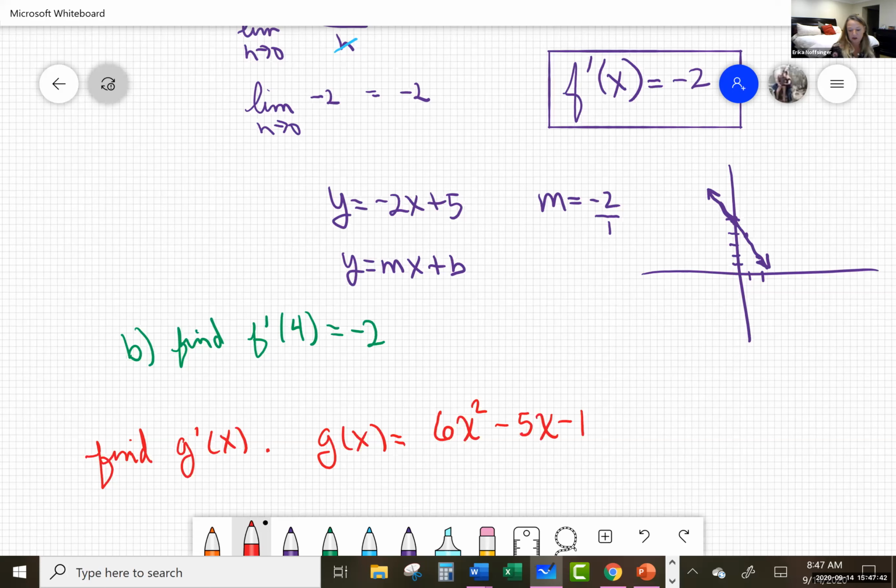So looking at this equation, I know I have a quadratic. I can see that my value of a, the number in front of my x squared, that coefficient tells you which direction your parabola faces. I don't know if you guys remember that. But if a is positive, your parabola faces upwards.